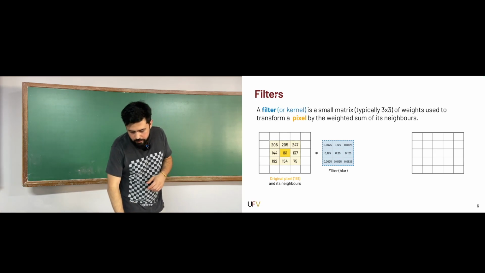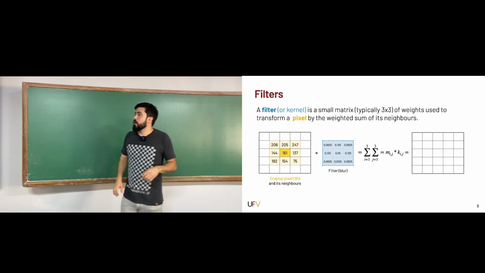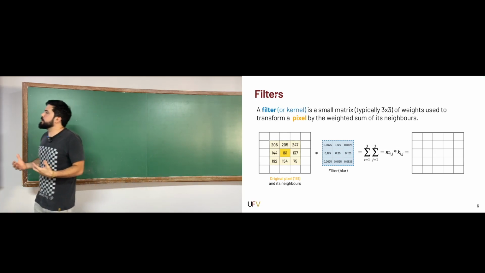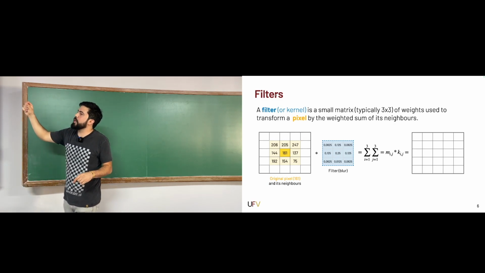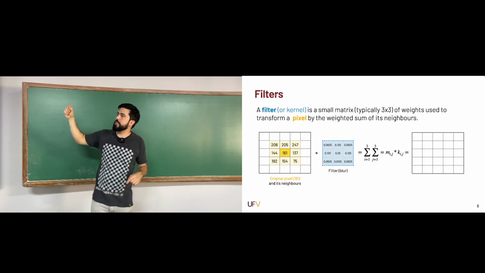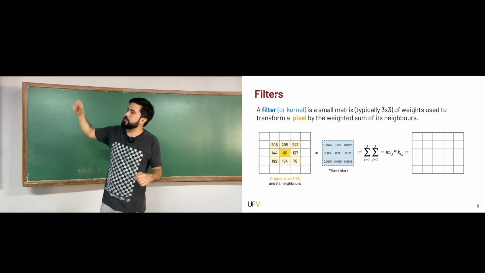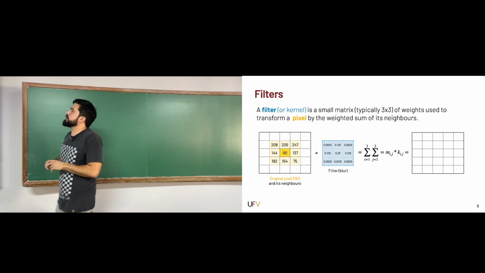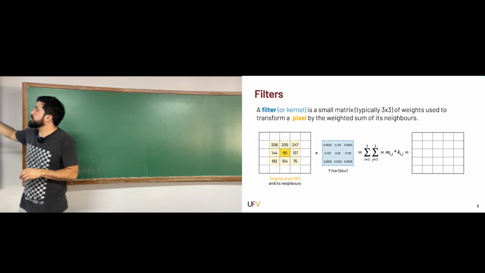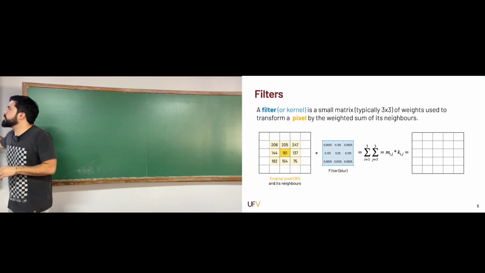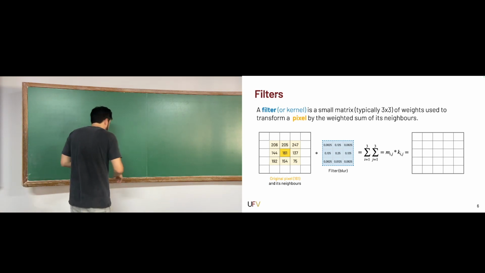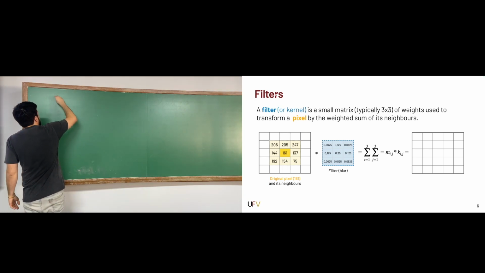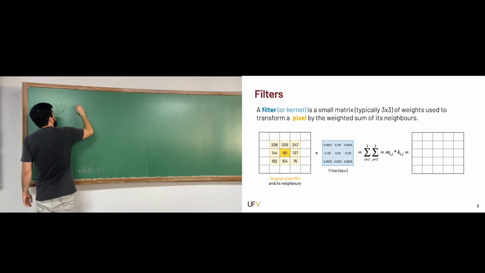Why? Because the way we apply filters is by multiplying each weight by its respective pixel value in the image. So formally, here is a 3x3 filter, right? To apply this filter, you multiply each weight by its respective pixel value.